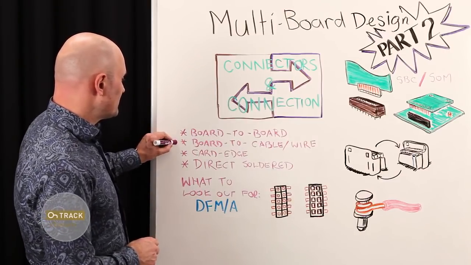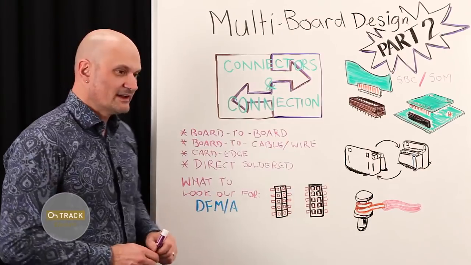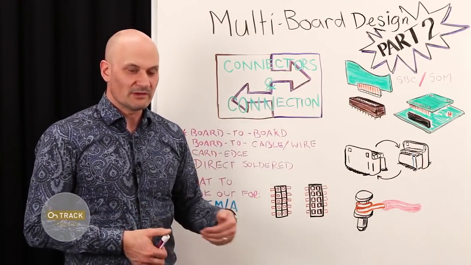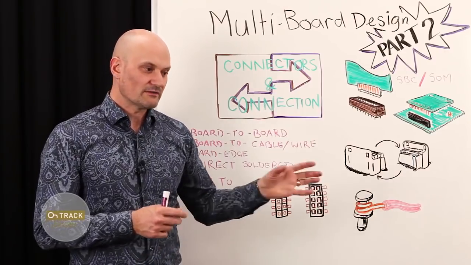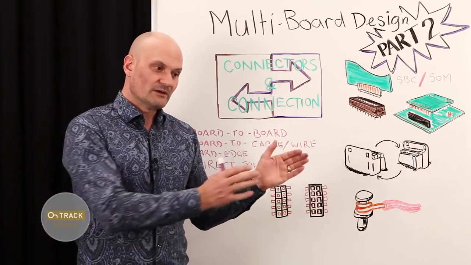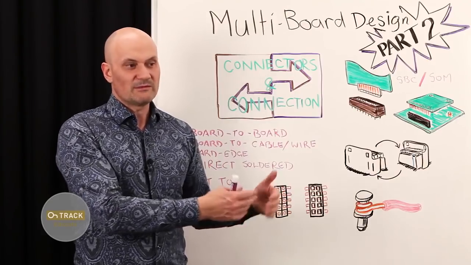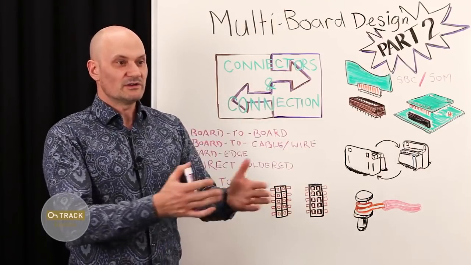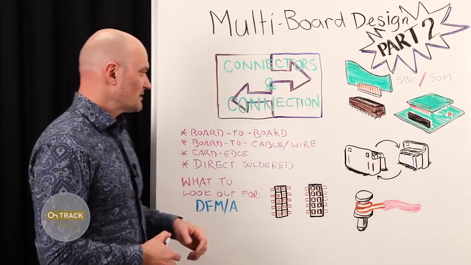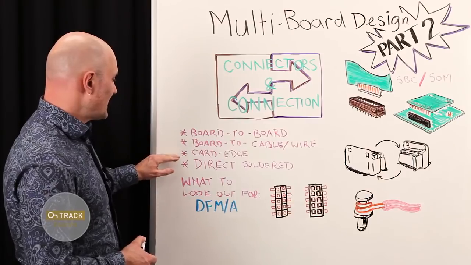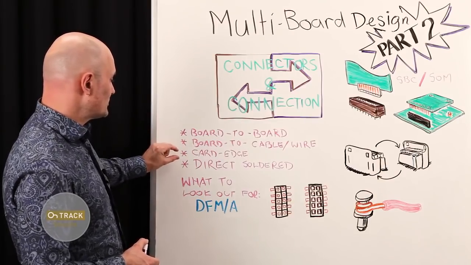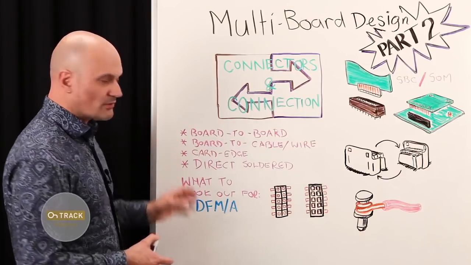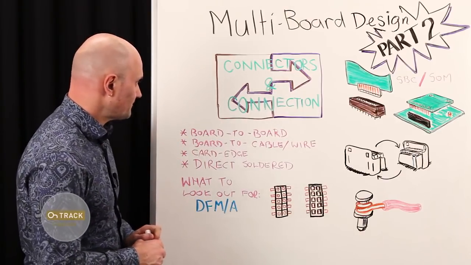And then we have board to cable or board to wire. And this is really only part of a multi-board system in the sense that you would have a cable harness or some wires going from one board to another. For example, from your power supply unit, which may be an off-the-shelf module that you acquire from somewhere else, to your main printed circuit board. So there's different considerations for different ones. And then also as kind of a subset of board-to-board interconnect, we have card edge connectors, and there's different pros and cons to each of these.